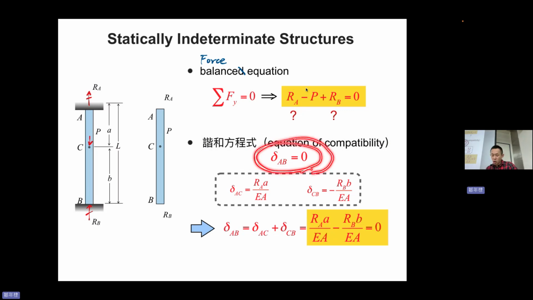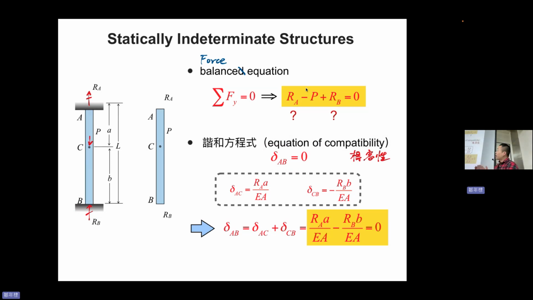It may change according to the boundary condition. 不要死记这个，这个是因为你把它固定在天花板跟地板，才会有这样子的式子。如果你有别的束缚方式的话，可能不是这样子。等一下会有例题。OK, so compatibility means 中文相容性.